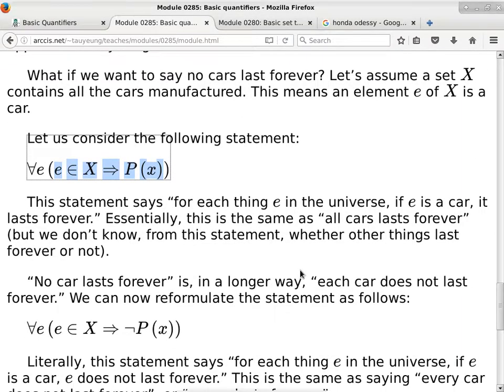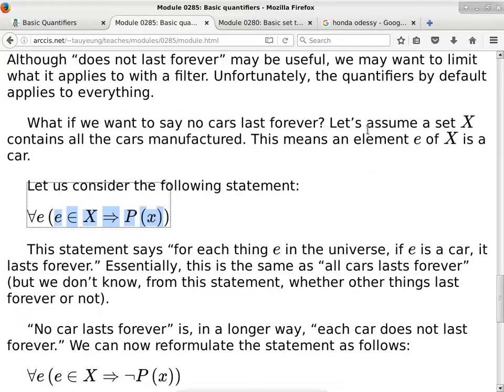Okay, so now we start to use something. In the examples, the set X is basically the set of all the cars ever manufactured, and P of X is a car lasts forever. So P of X means X lasts forever. Together, what is this statement saying?